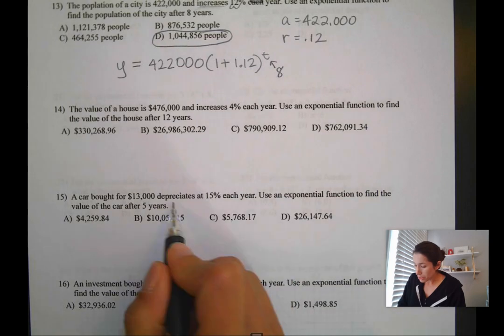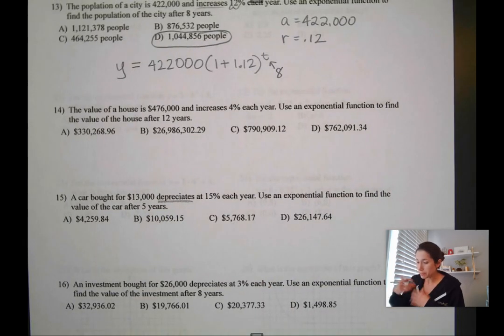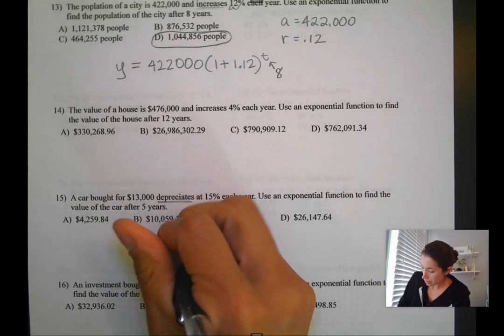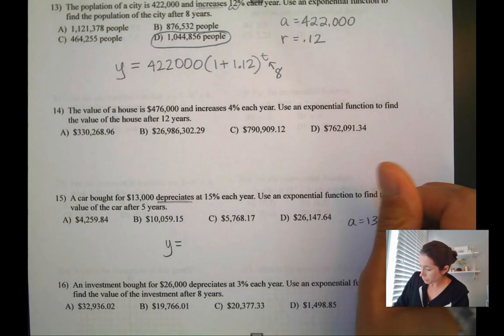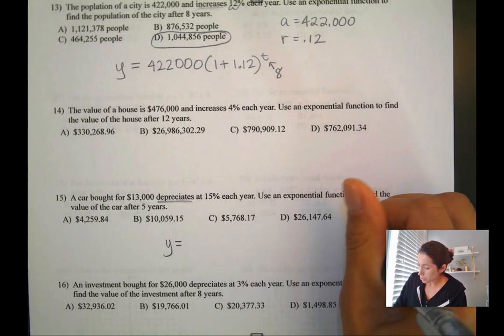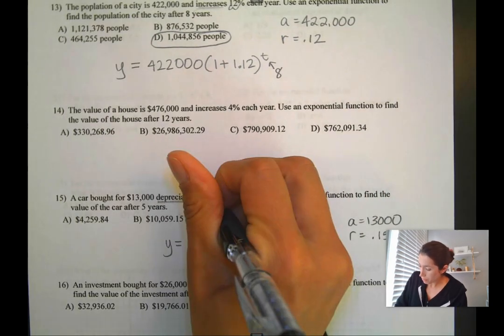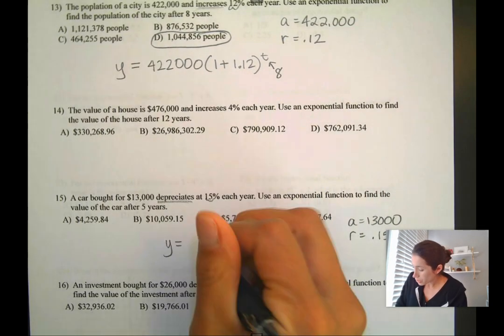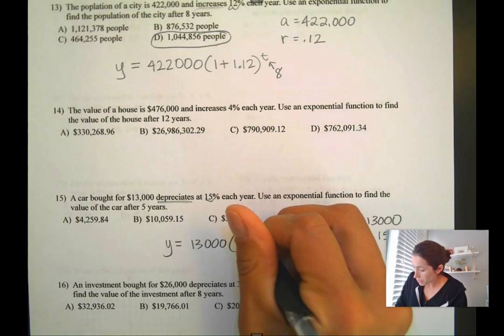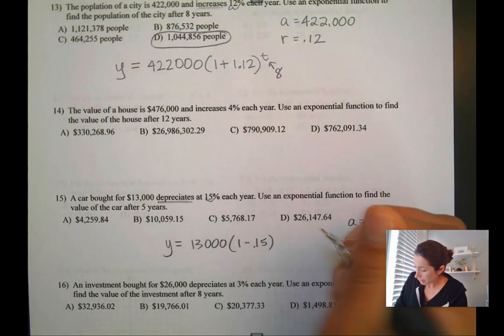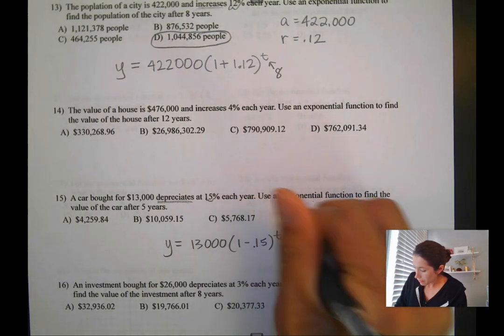So this is depreciating, decreasing in value. This is an exponential decay problem. So let's write out our initial value of 13,000, and then our rate is 0.15. And then let's write our equation, 13,000. Now, when it's a decay problem, we subtract that, and to the power of t, and we're going to say 5 years for this.